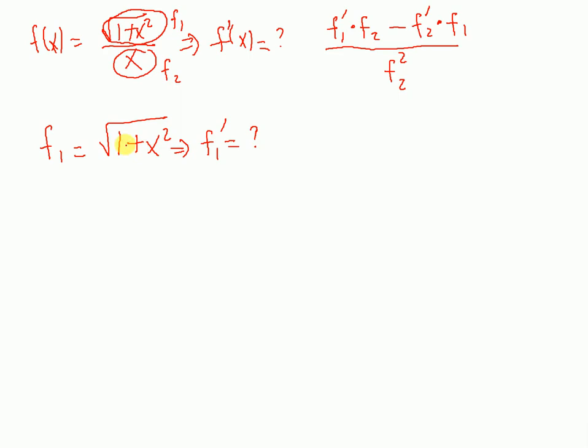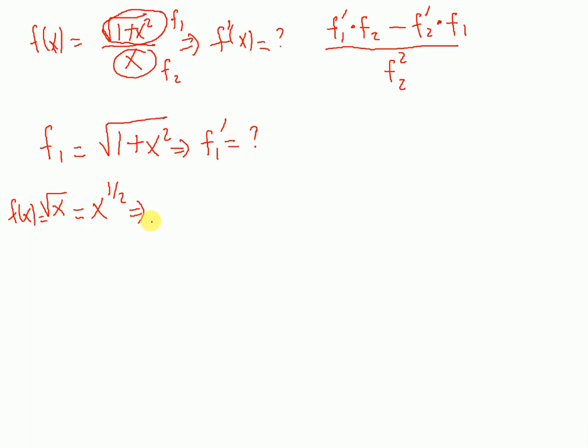Okay, take a look at this function. We know that normally you know how to take the derivative of the square root of x. If I have this as f of x, we know how to do this. This is easy. This is the basic function. This is going to be 1/2 times x to the minus 1/2, right?